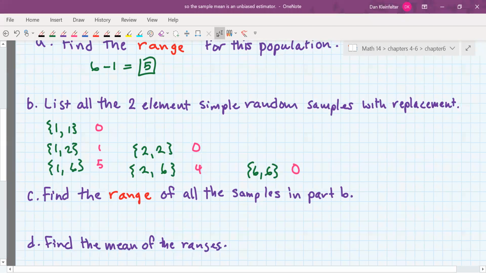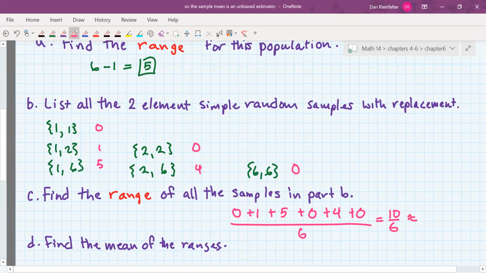Now let's find the mean of all of those ranges. 0, 1, 5, 0, 4, and 0. And again, there were 6 of them. So we have 10/6. That's 5/3, or about 1.6.